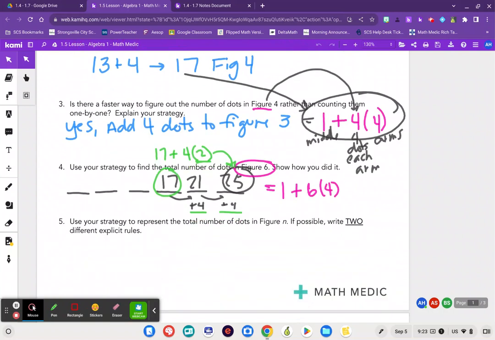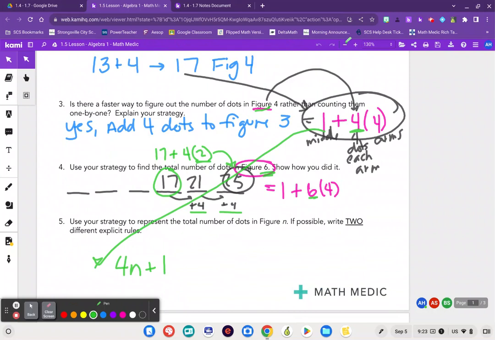Use your strategy to represent the total number of dots in figure n. If possible, write 2 different rules. All right, I'm actually going to follow what we were doing here. We said, hey, there are 4 arms times my figure number, right? Figure 6 times 4 arms, plus the 1 that is in the middle.